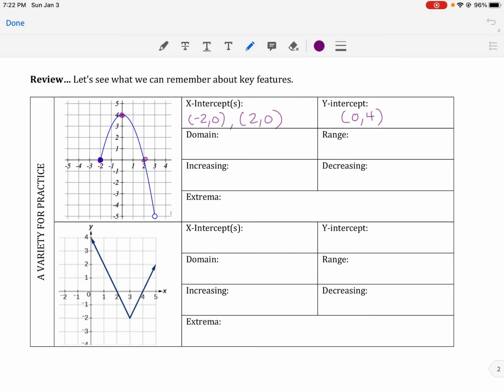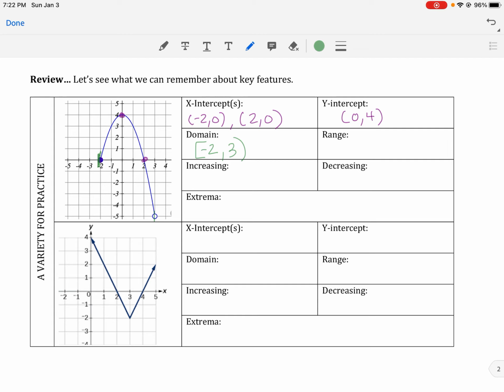Okay. Next, we're looking at domains. We want to say how far left it goes. The furthest point to the left is here at -2. Since it's a closed circle, we have to close the bracket. The furthest point to the right is over here at +3 for your x value. Open circle, so we get a parenthesis.